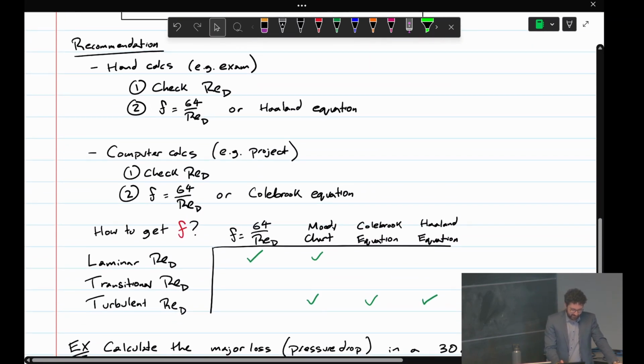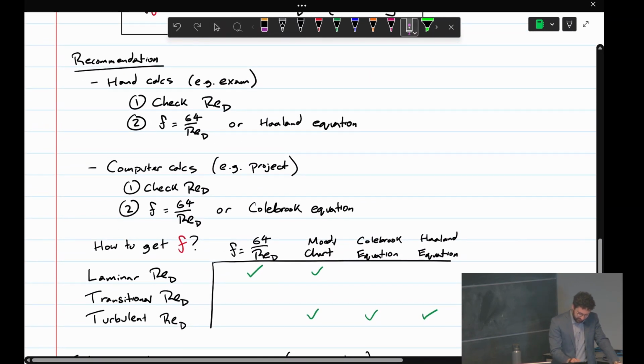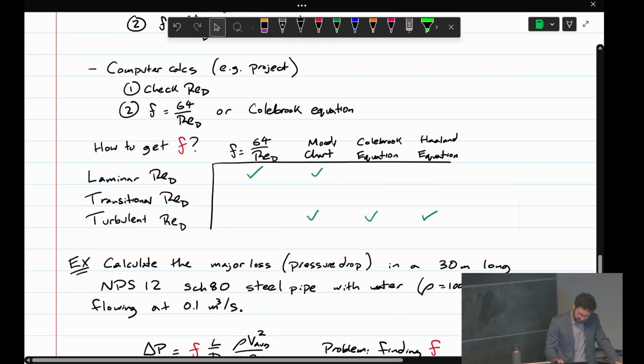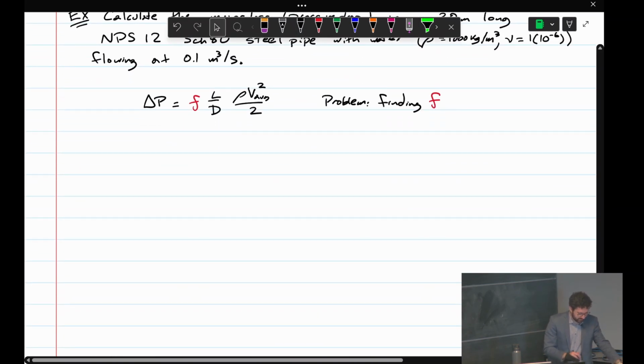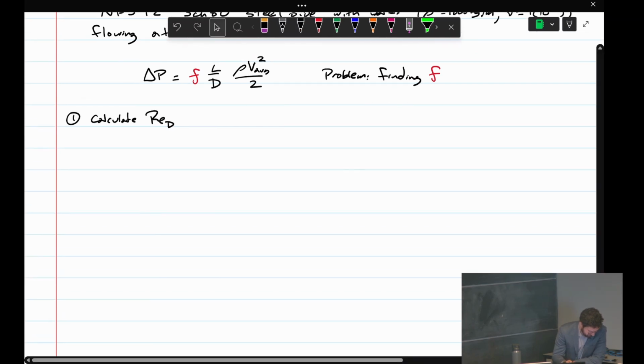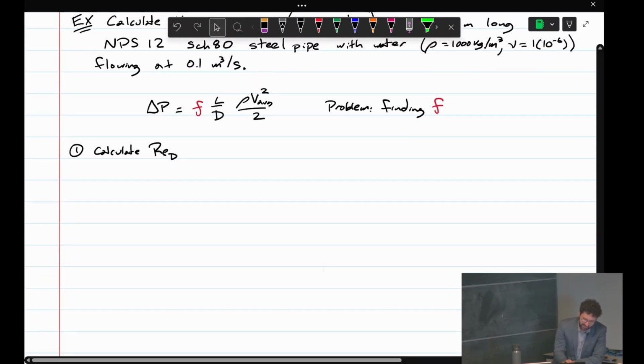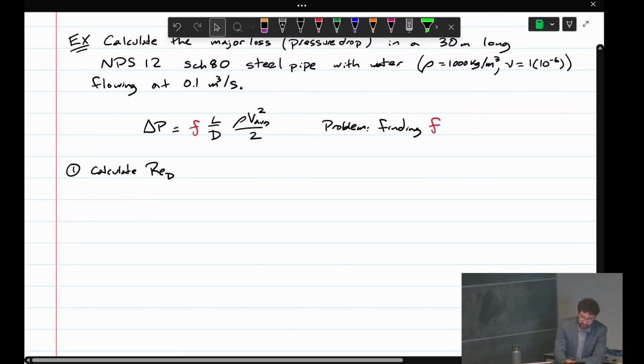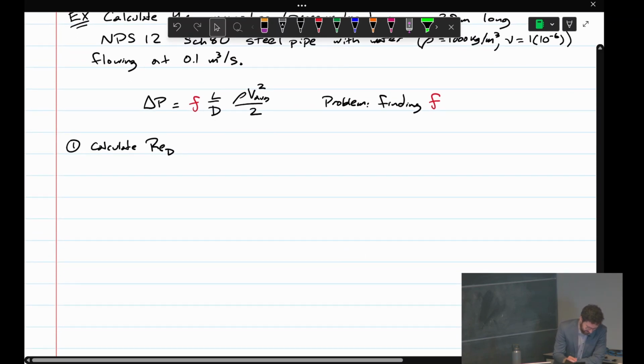So calculating the Reynolds number, as I mentioned on the hand calcs, is the first step because we need to basically determine what equation we're going to use to get f. So one is calculate Reynolds number. For Reynolds number, we need the average velocity. But in this problem, I've only given the volumetric flow rate. So now we have to calculate the average velocity.